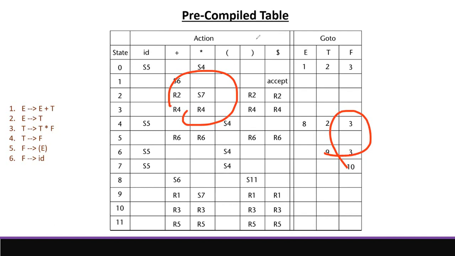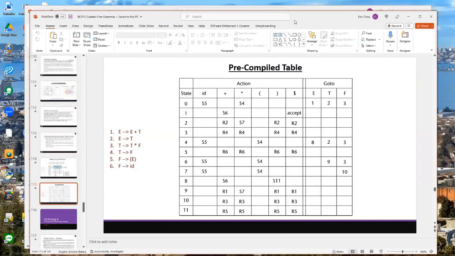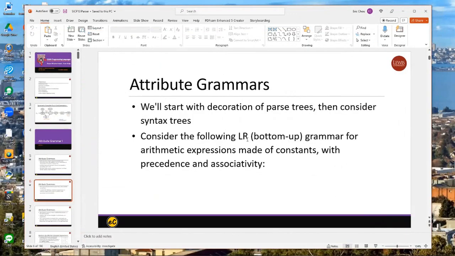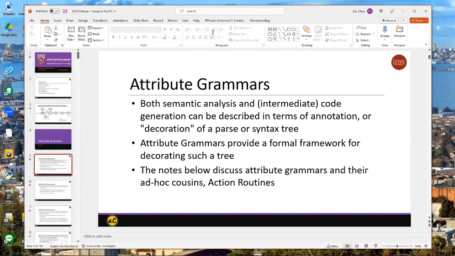These are related to the action routine. We'll look at the relationship of this later. But the LR parser has this precompiled table that's related to what we are talking about here, the action routine, which we talked about in previous slides. Okay, let's continue.